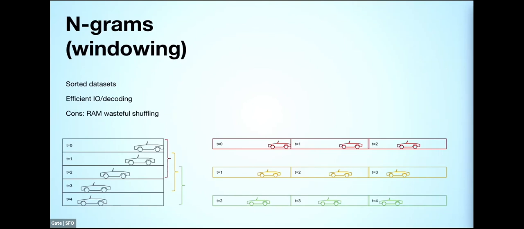A row group, think about it as a block of, let's say, 50 rows, right? If you have them sorted and you need your windows, let's say you just want pairs, you'll be able to cut 49 pairs from this one row group, right? And by pair, I mean consecutive images, let's say.